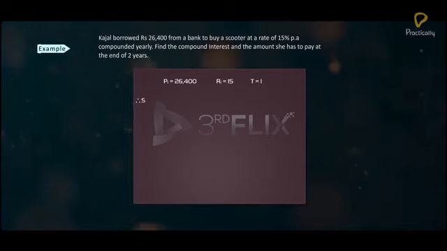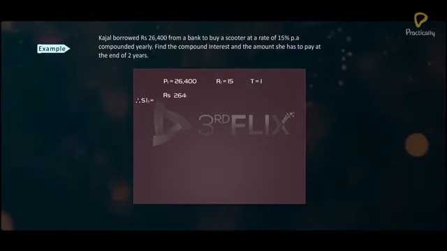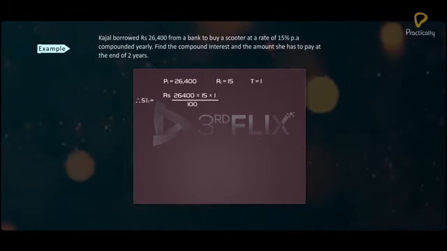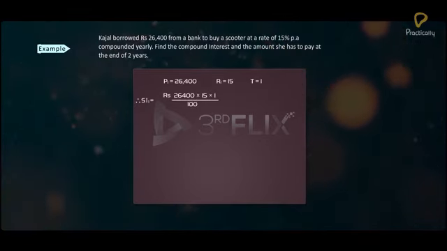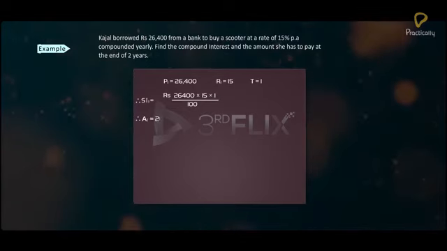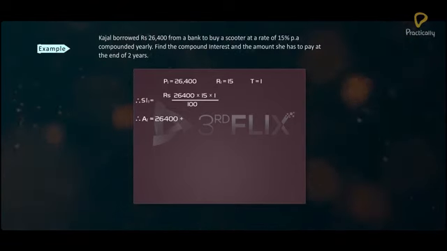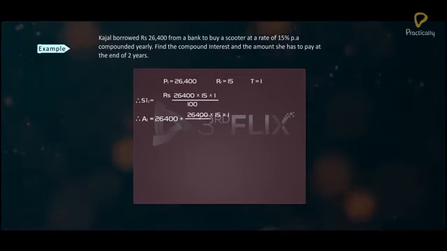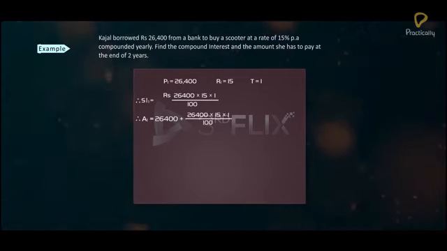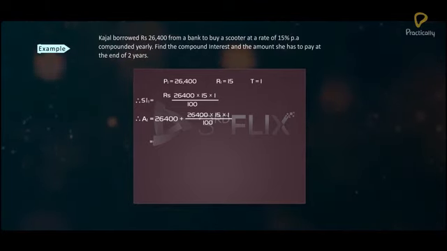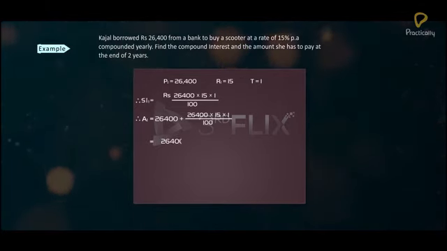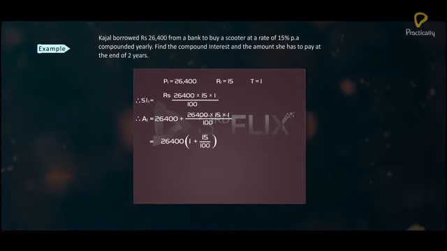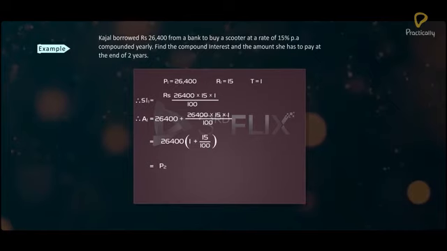Therefore, SI1 is equal to 26,400 into 15 into 1 by 100. A1 is equal to 26,400 plus 26,400 into 15 into 1 by 100, which is equal to 26,400 into 1 plus 15 by 100. That is equal to P2.